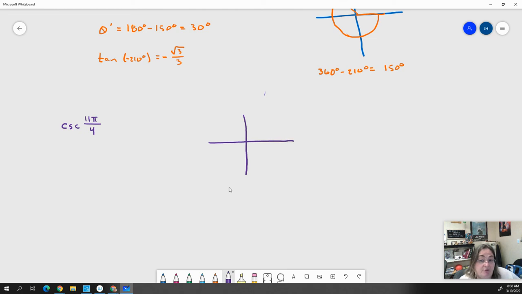8 pi over 4 is 2 pi. It goes all the way around the circle, right? 11 pi over 4. So if I have an angle, here's my angle. It's where it starts. If I take it all the way around to here, it's 8 pi over 4.